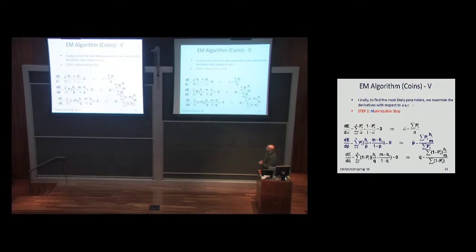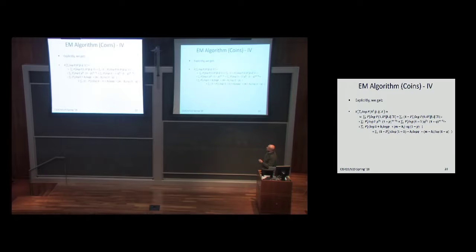This is the expected probability that what I've seen are these n data points, each one of them labeled as coming from the P coin with probability P1I, and each one of them had H heads out of the M tosses. That's the probability of observing this data.